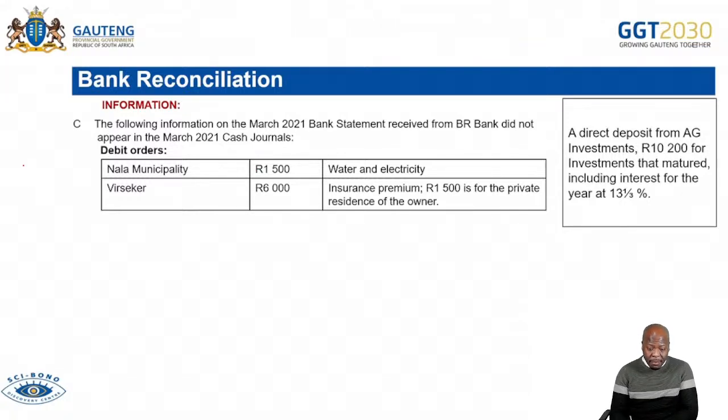Here we have an item that is on the March bank statement. Actually, it is on the bank statement, but not in the March journals. You remember that is key number 2. What do we do now with this one? We put it in the journals.